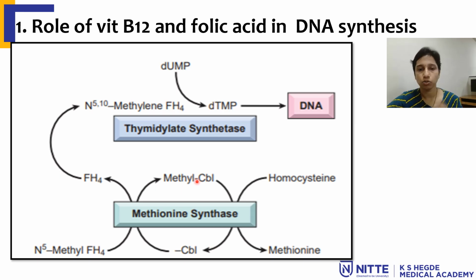There has to be a continuous process of conversion of methylcobalamin into cobalamin and of cobalamin back into methylcobalamin. This requires tetrahydrofolate. In this process, the methyl tetrahydrofolate will be converted into tetrahydrofolate. That will be the source of methylene tetrahydrofolate for DNA synthesis.